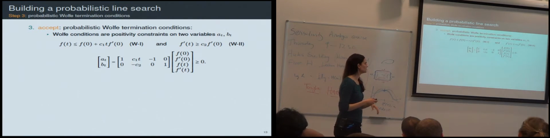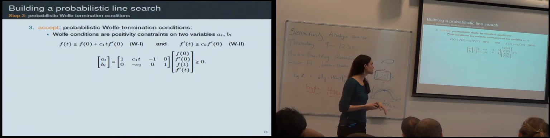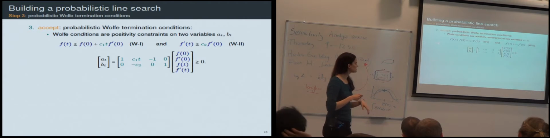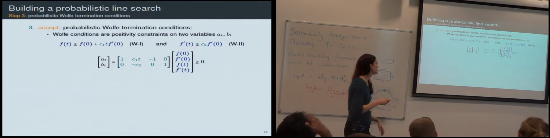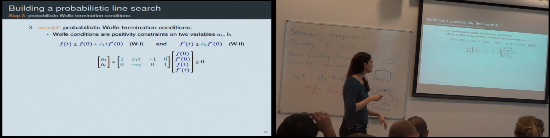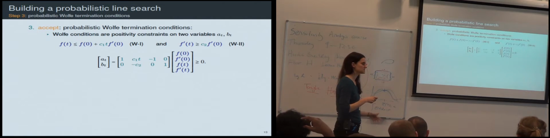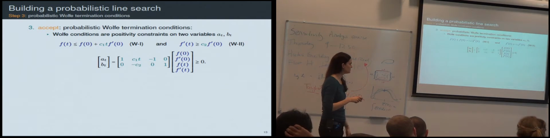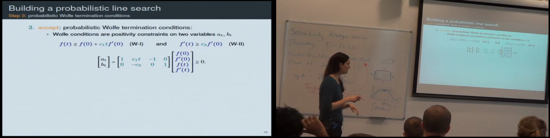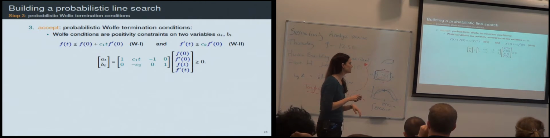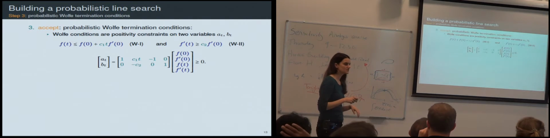Okay, and the third thing that we need is the Wolfe conditions. These are the weak Wolfe conditions I've shown at the beginning, so the acceptance criteria. And you can rewrite these two formulas in this way, such that it's an inequality for a and b greater than 0. And a and b is a linear map over function values and gradients. And we have a Gaussian process surrogate over the function values and gradients.